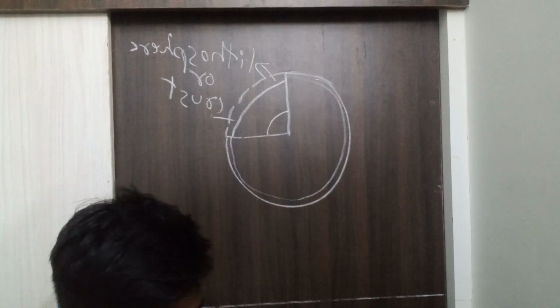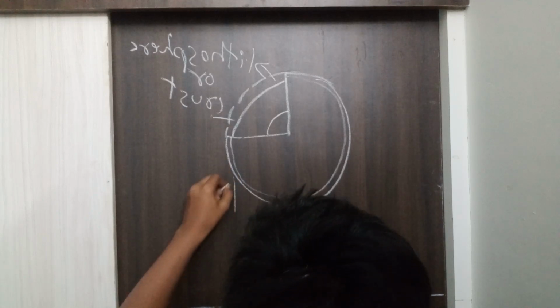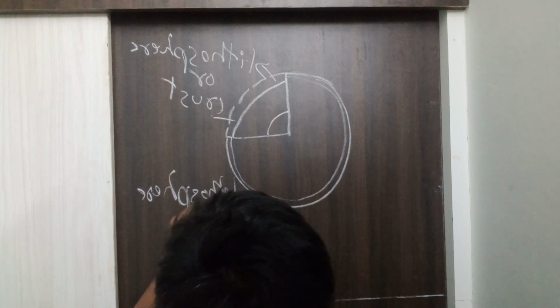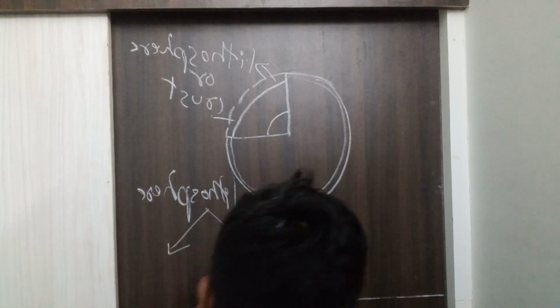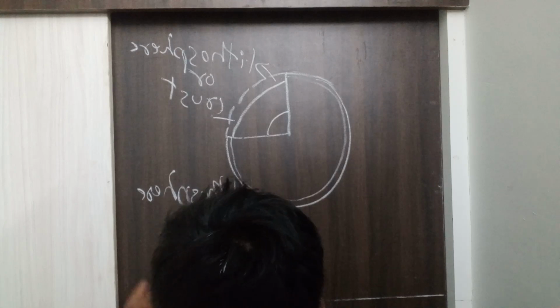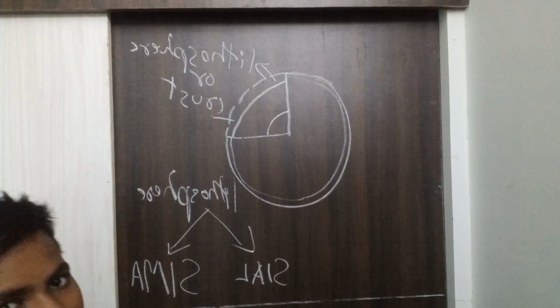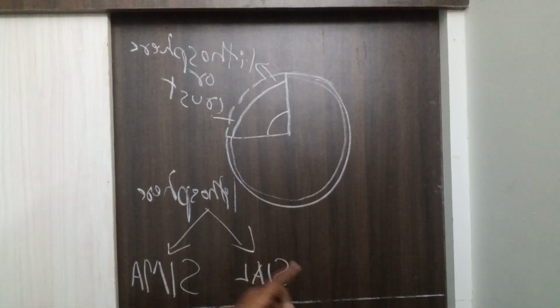This lithosphere can be divided into two broad divisions, which are Sial and Sima. Sial appears to float above the Sima because it has less density.